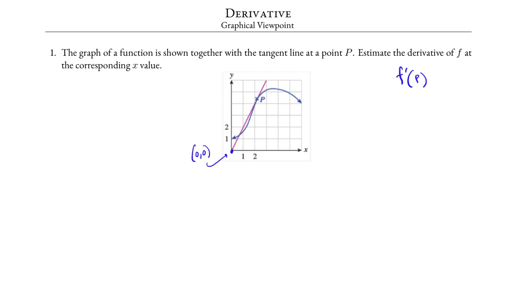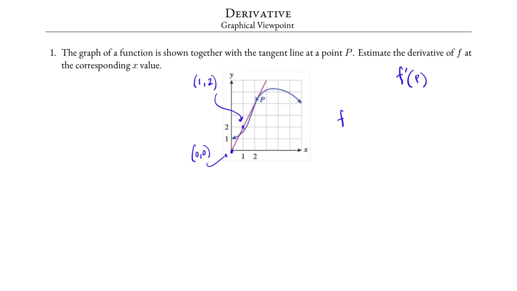We can pick any other point, but again, we want to pick the point that we do not have to spend too much time identifying the coordinate. In this case, the next point on the line should be this point, whose coordinate is easily identified at x equals 1, y equals 2.